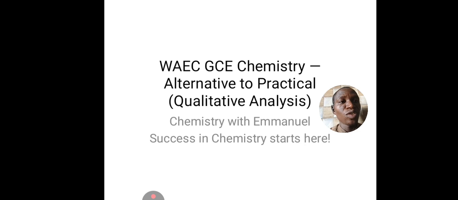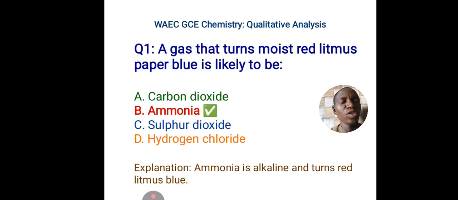Okay, the first question here says, a gas that turns moist red litmus paper blue is likely to be ammonia. Remember, we are talking about gas here.